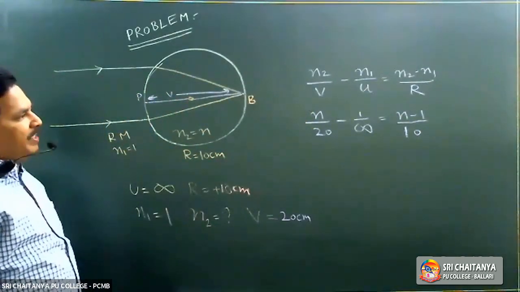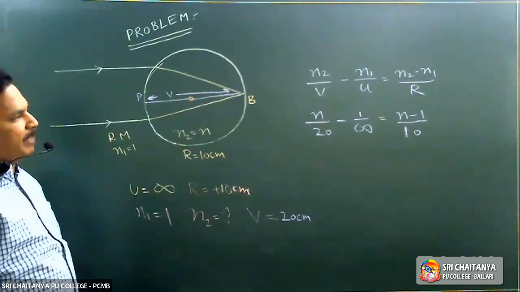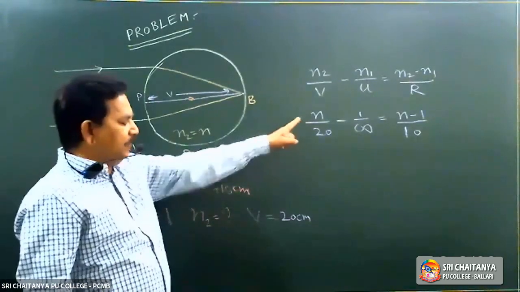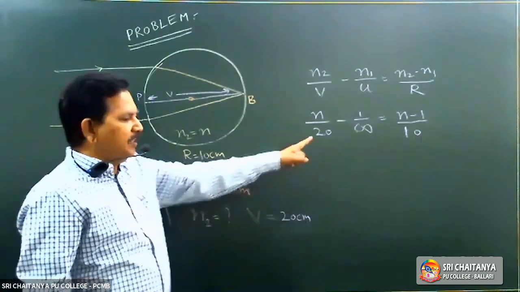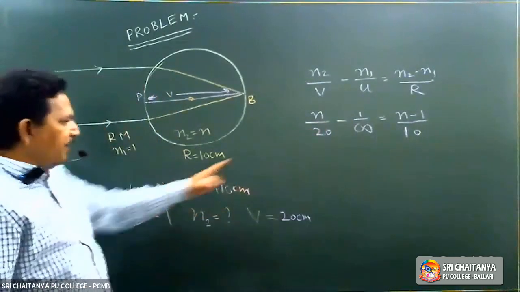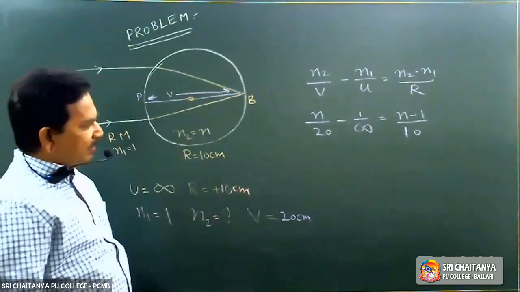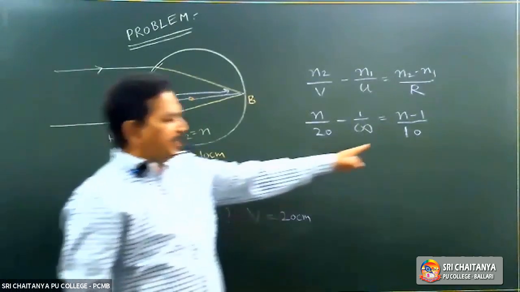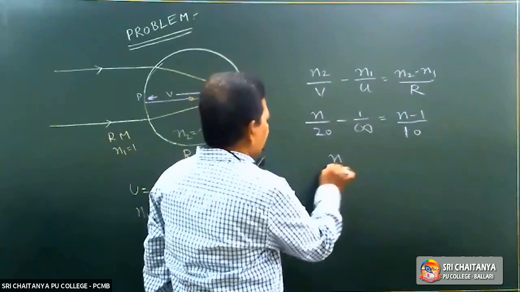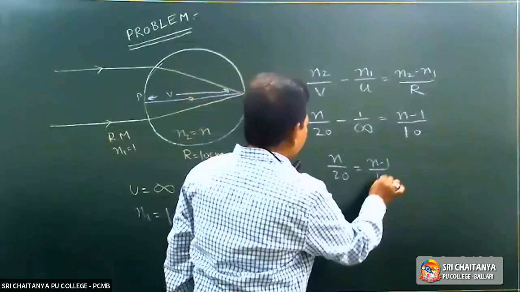So N2 by V minus N1 by U is equal to N2 minus N1 by R. N2 value unknown, N, V value 20, N1 value 1, U value infinity. Once again, N minus 1 divided by R value 10. 1 by infinity is 0. So N by 20 is equal to N minus 1 by 10.